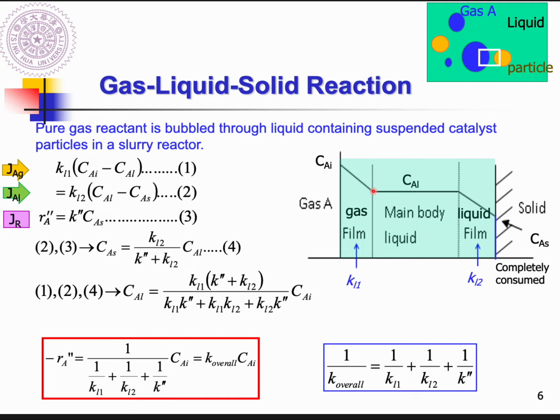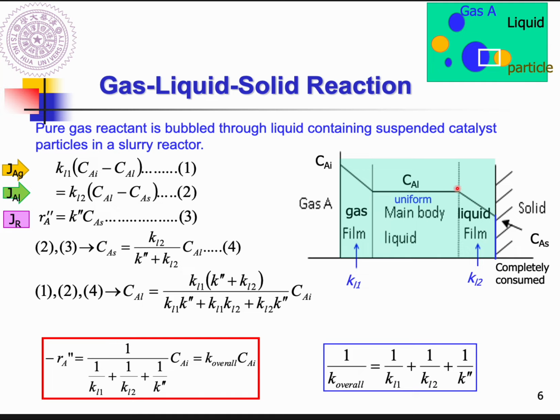And when it enters the liquid main body, we assume the transport of reactant A is very fast, meaning the K approaches infinity. The reciprocal of infinity is 0, so the resistance is 0, so I can draw the concentration remaining constant in the bulk liquid.